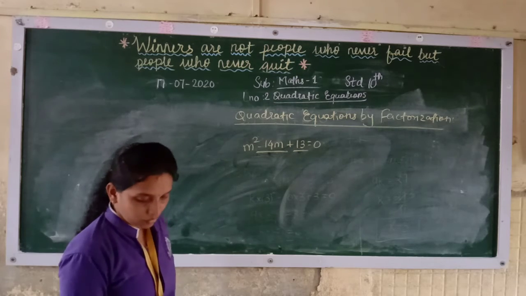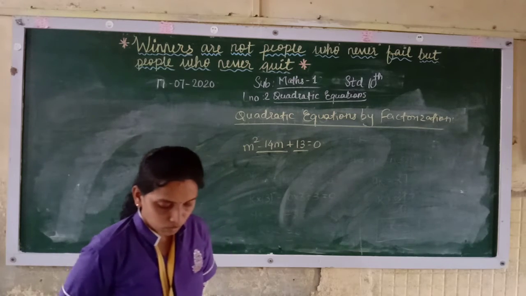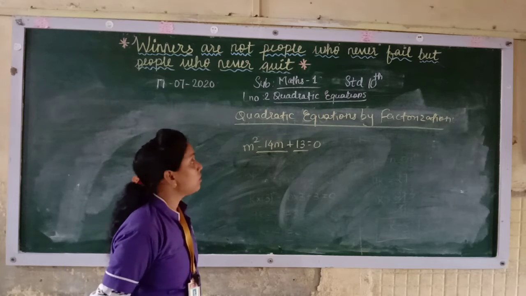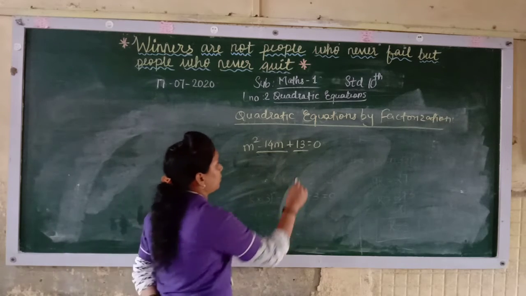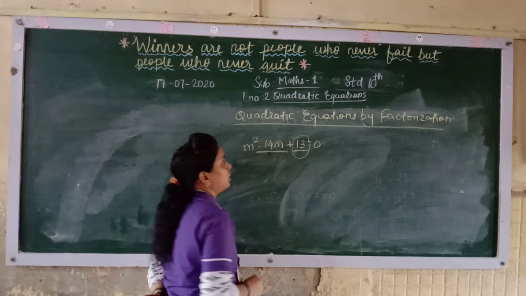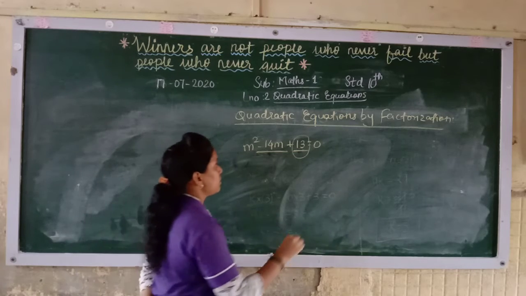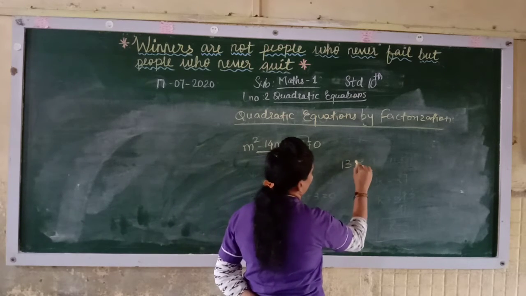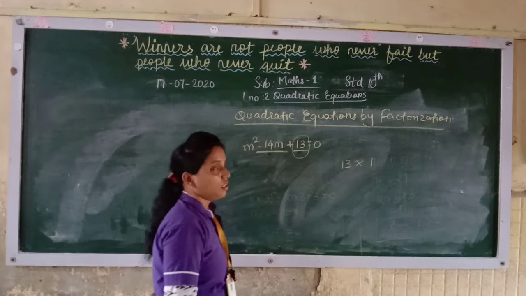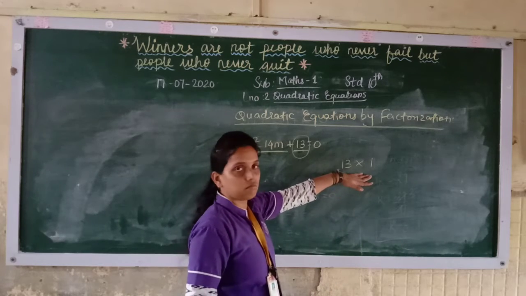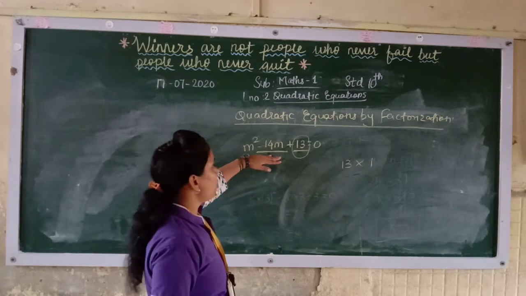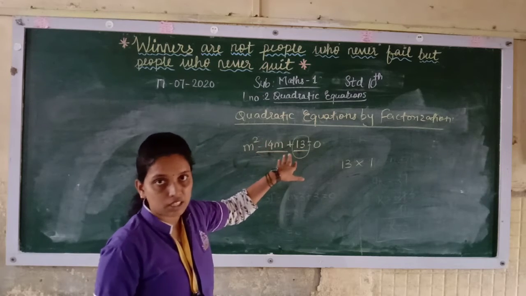So here how will you do it? Now see, 13 can be written as 13 into 1, and the same numbers, if you add or subtract, you should get minus 14.